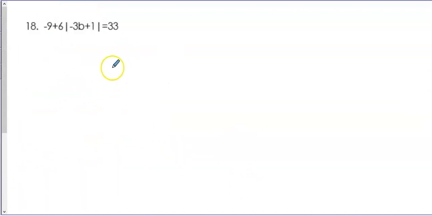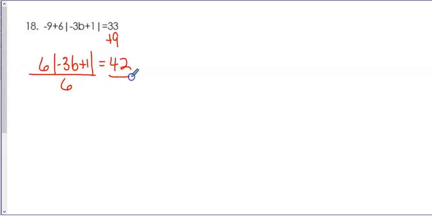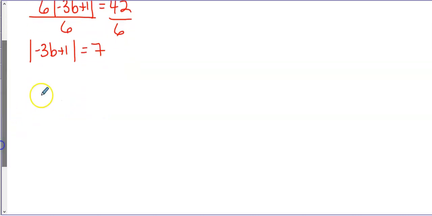All right, the next equation, we are going to solve algebraically again. There's only a few of these. So add 9. Divide by 6. Now I separate it.